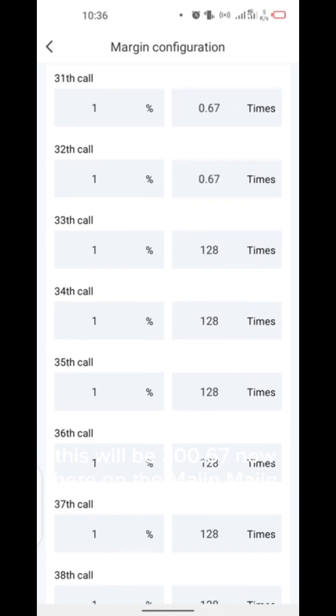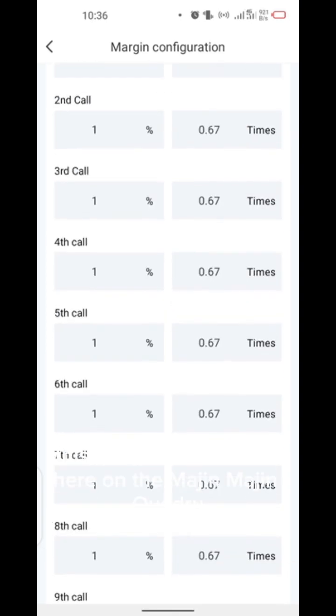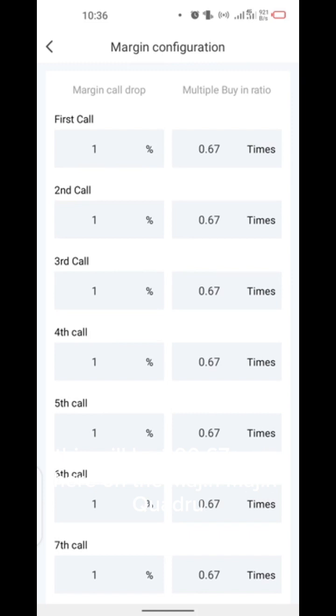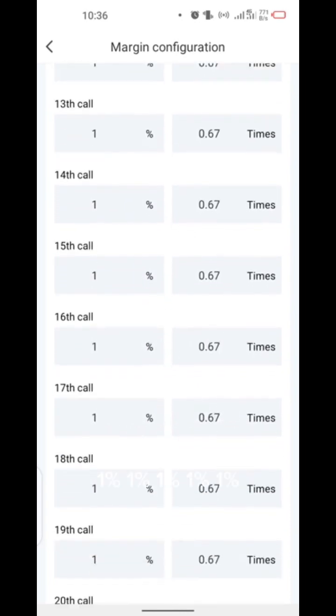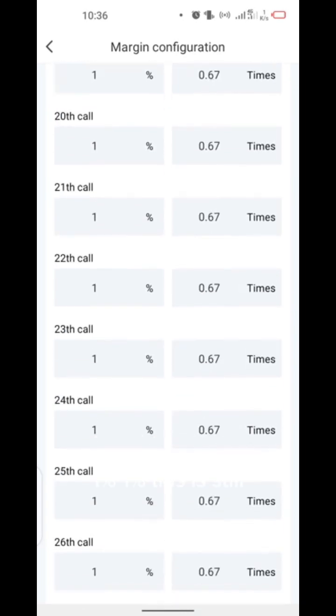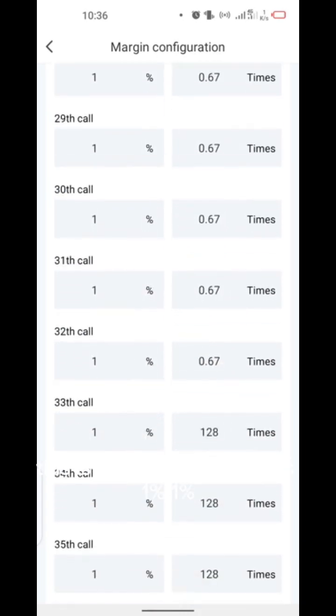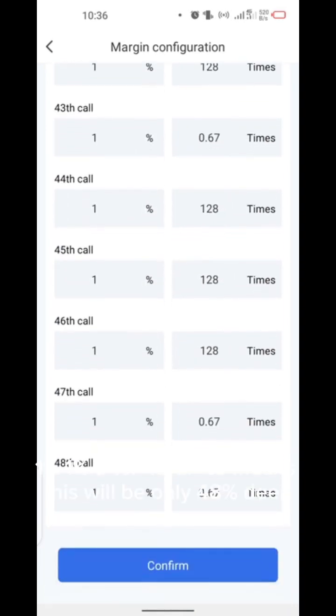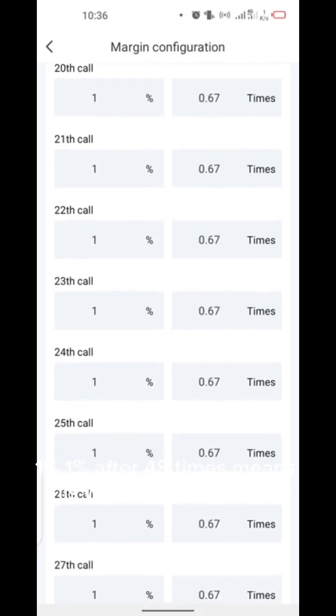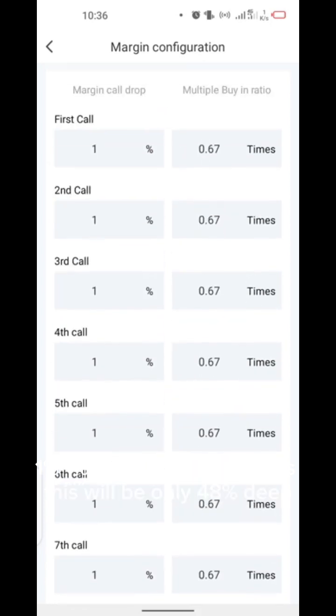Now, here on the margin call drop, you want your robot to be buying 1%, 1%, 1%, up to 48 times. It means this will be only 48% deep.